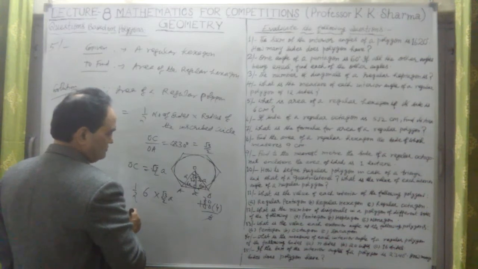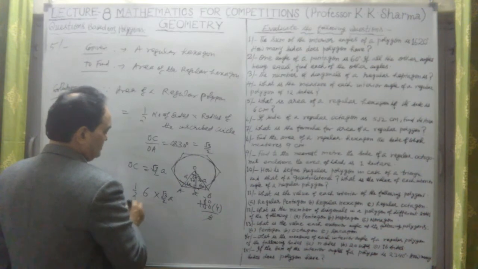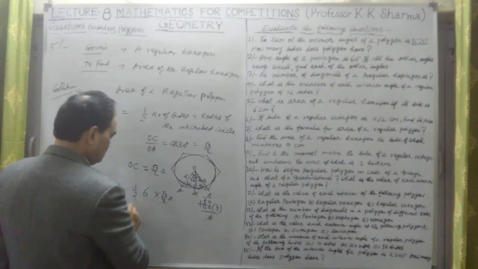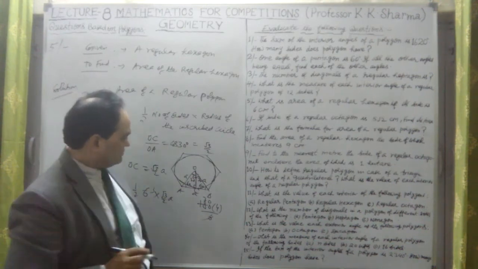The number of sides is 6, so 2 3s are 6, 3 under root 3 upon A, but it is side square, I think. It is 2 3s are 6, not the proper formula, I think.